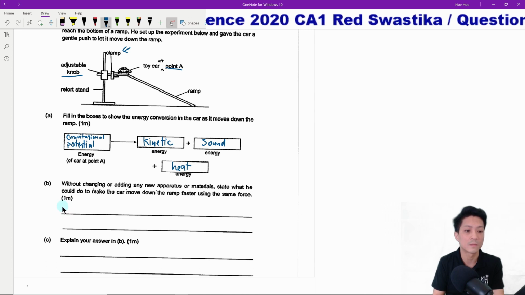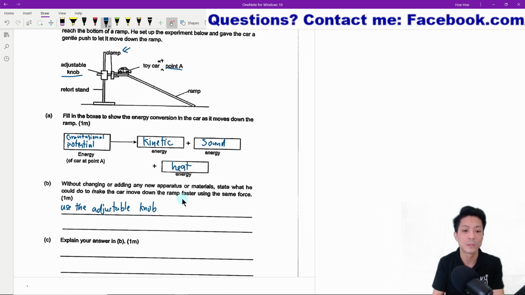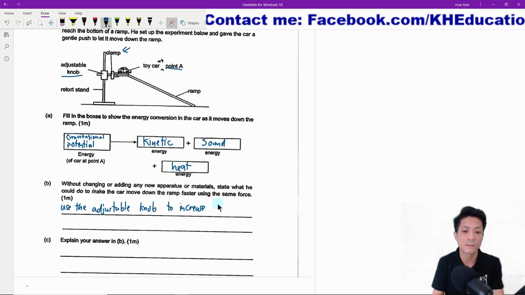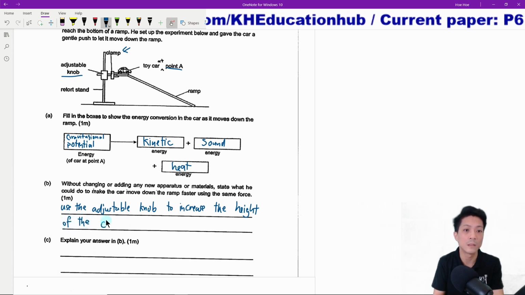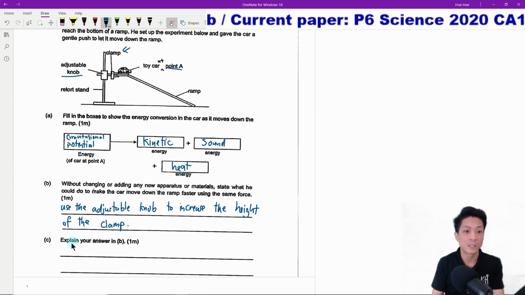Okay, use the adjustable knob, increase the height of the clamp. Okay, explain your answer.